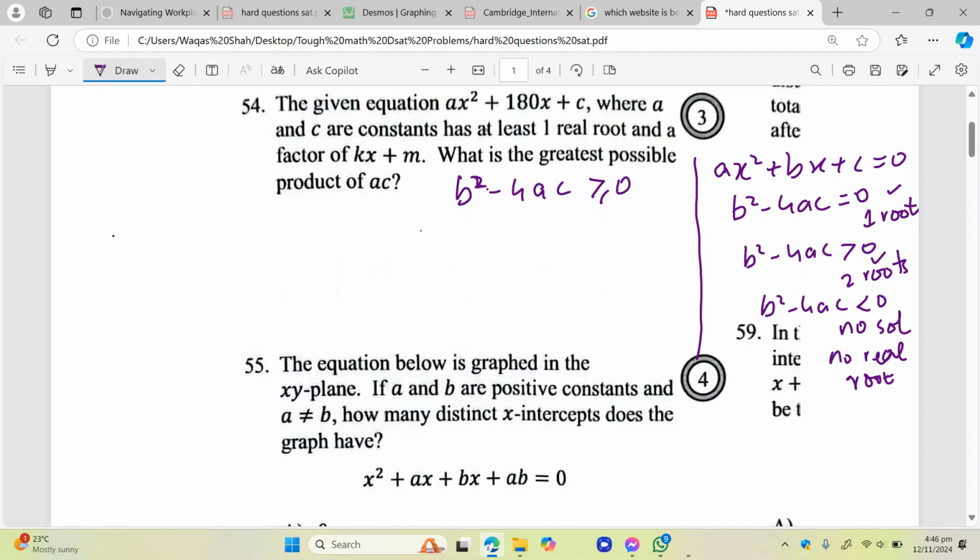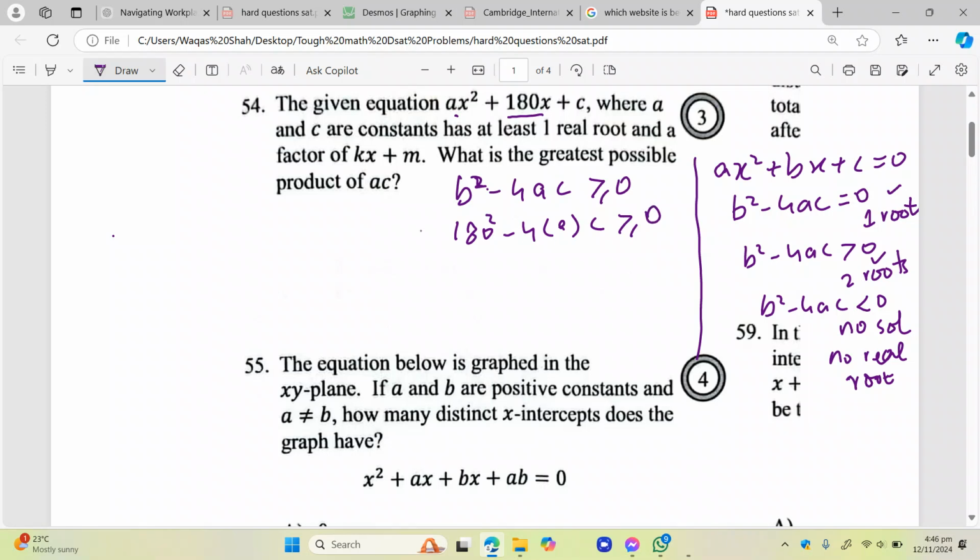Okay, so now put the values from here. You can see that a is equal to a, and b is equal to 180. So it will be 180 square, and minus 4, a is a and c is c, right? And this is greater than or equal to 0.